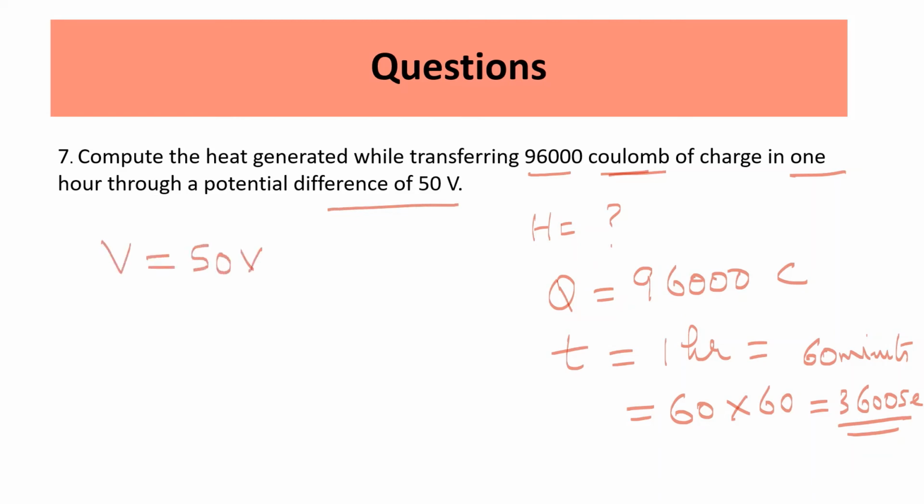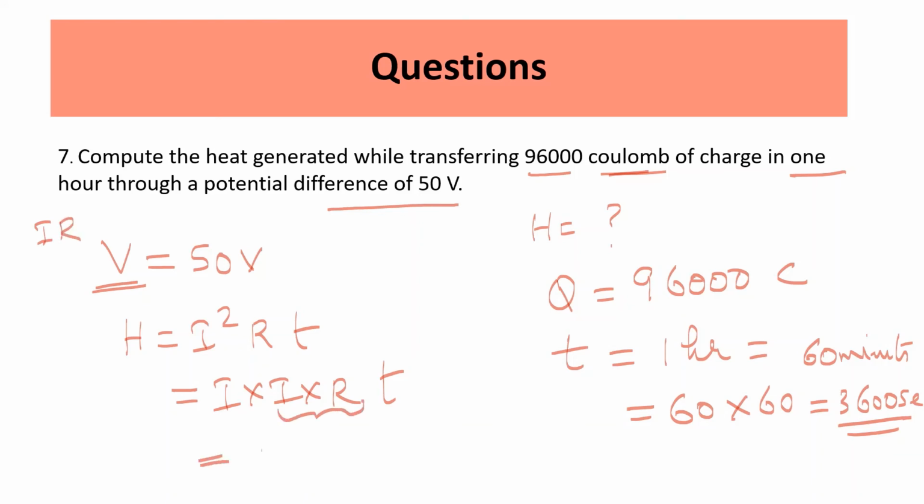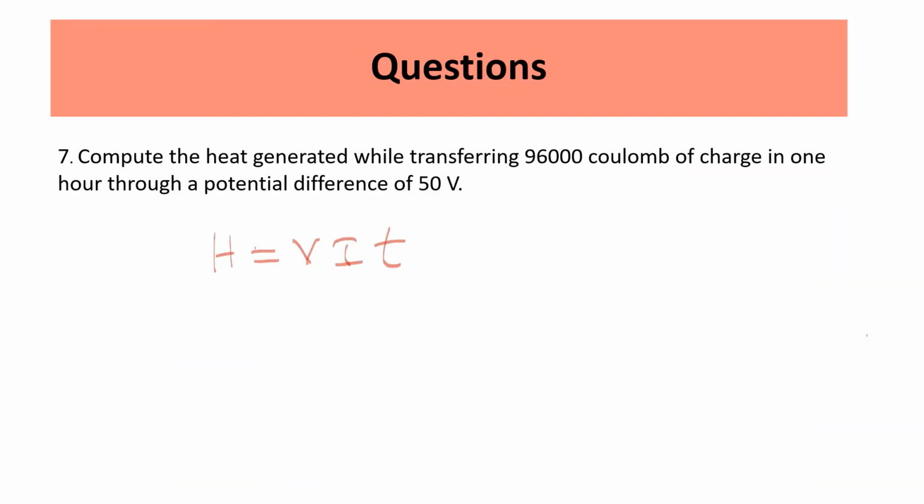The expression we know is H is equal to I squared RT. This expression can be written as I into I R T. And we know V is equal to IR. Therefore, replace this IR by V. I into V into T. Or you can write H is equal to VIT.